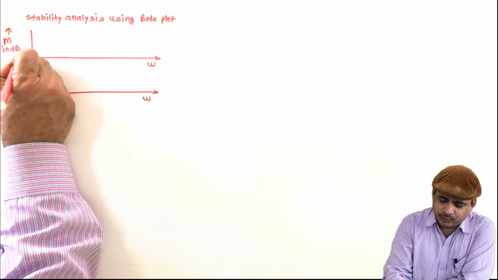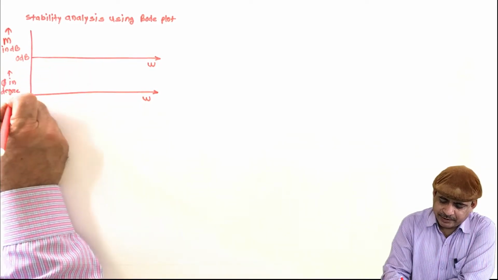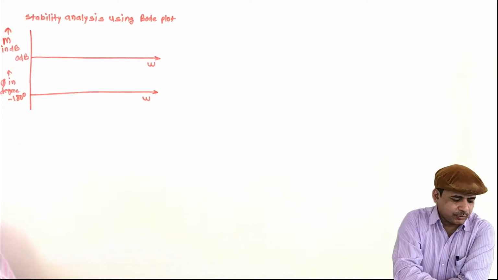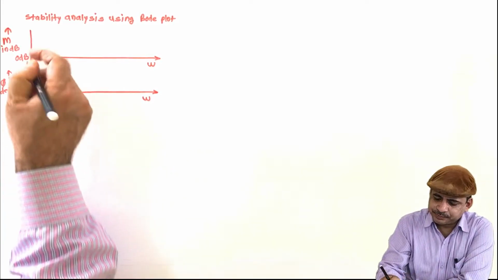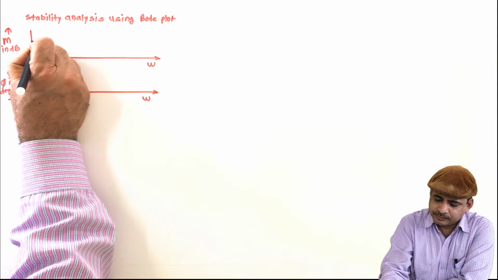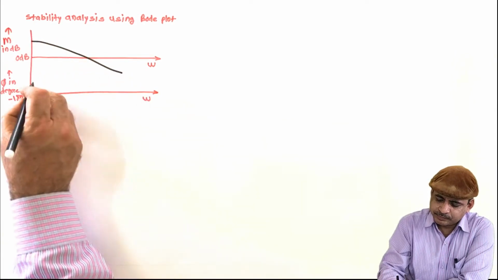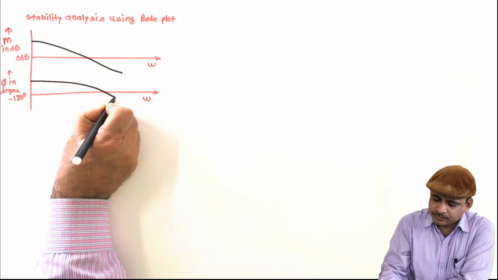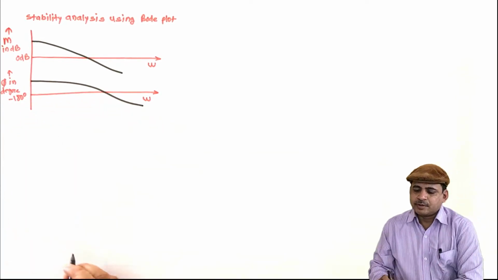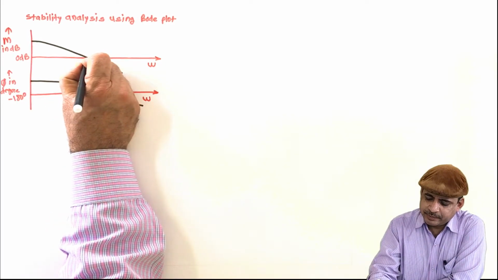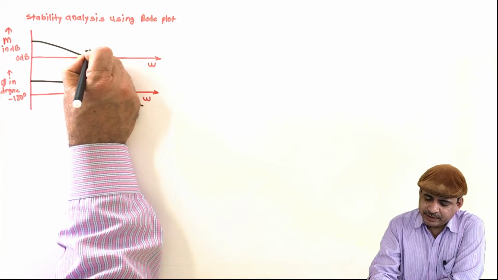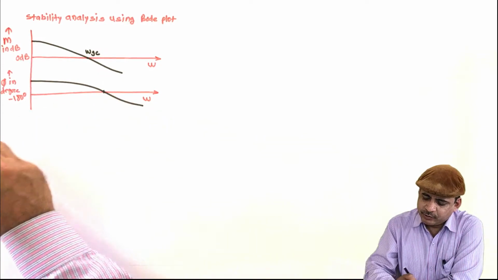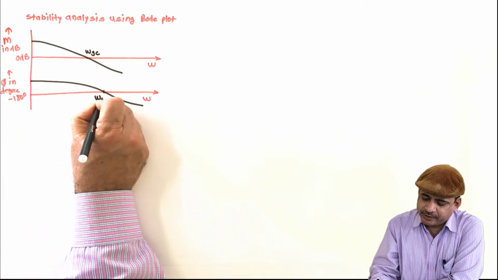So let this be the point 0 dB and let this be minus 180 degree, and let us consider one Bode plot as so. As we have seen in the last lecture, the frequency at which gain plot cuts 0 dB line is omega gc, or gain crossover frequency.